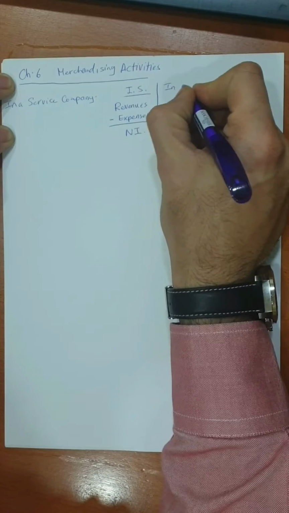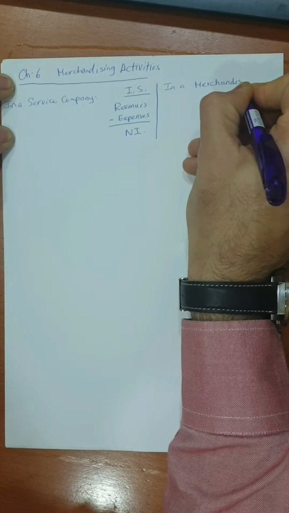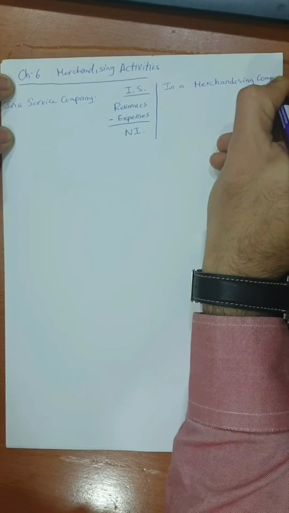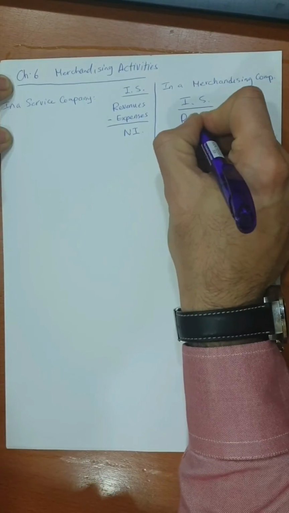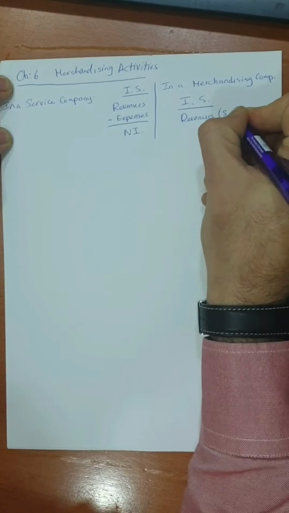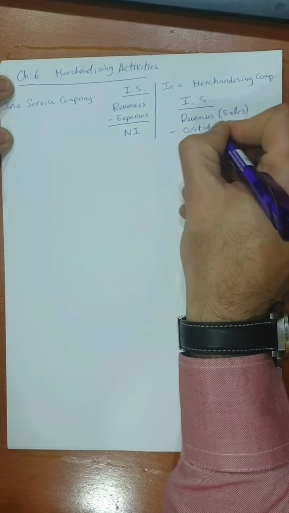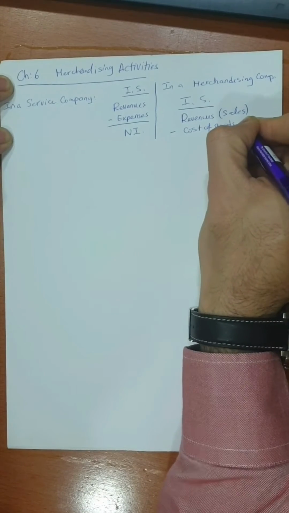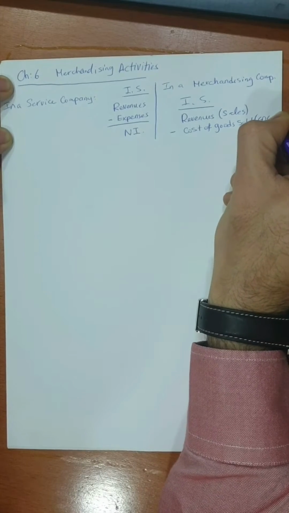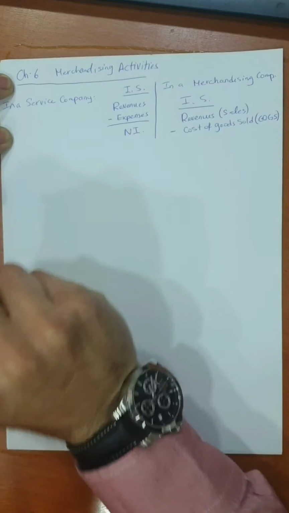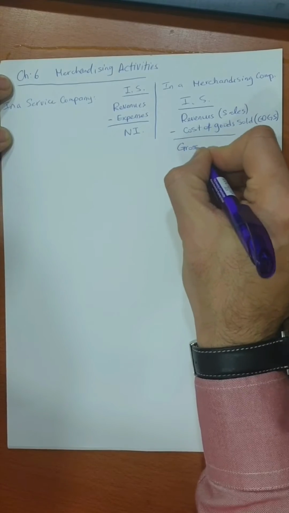However, in a merchandising company, the income statement would look like this: revenues, or what we know as sales, minus the cost of the goods that were sold, cost of goods sold, that we know as COGS, C-O-G-S, right? This will get us the gross profit figure.